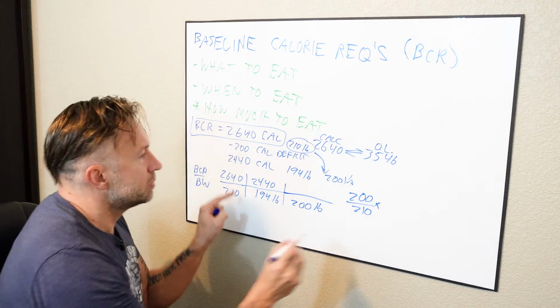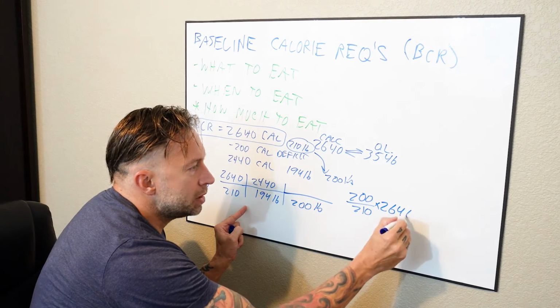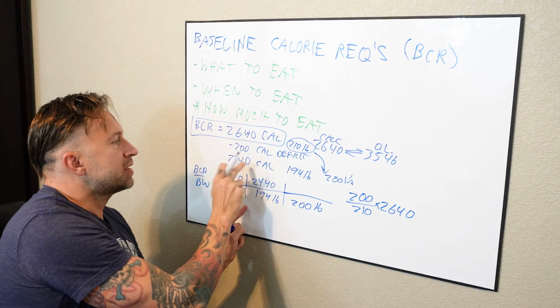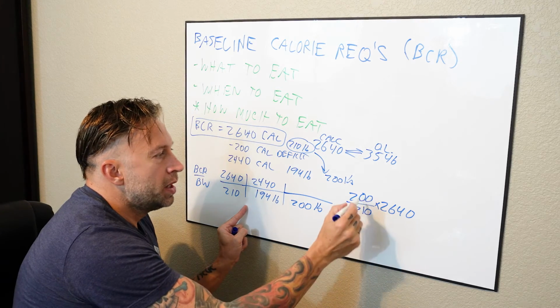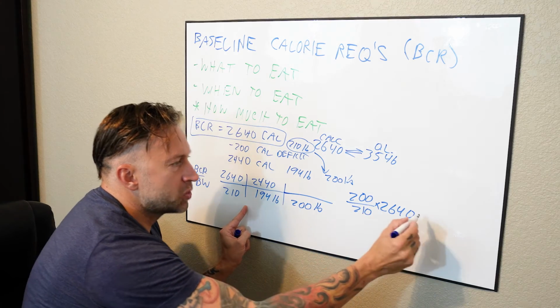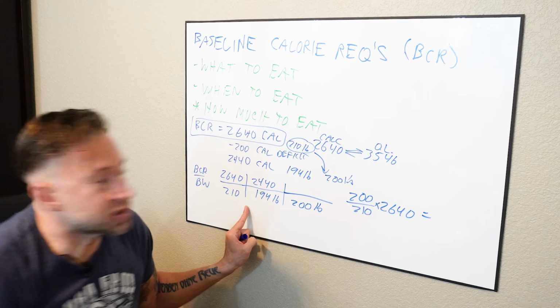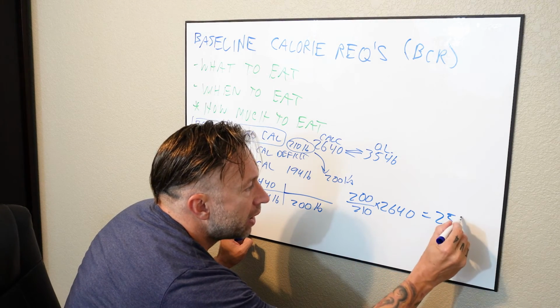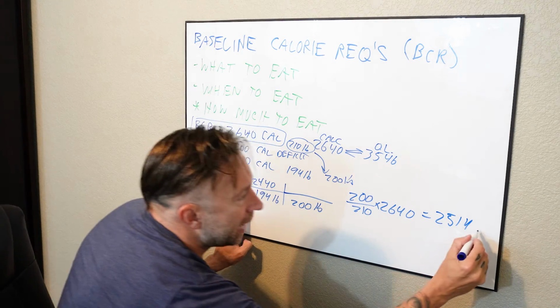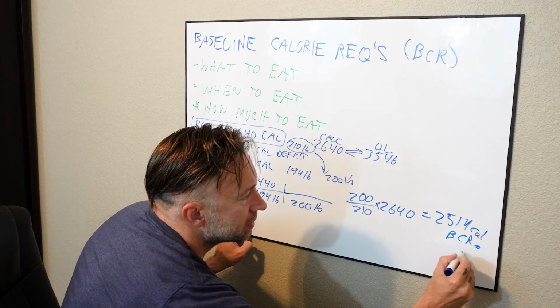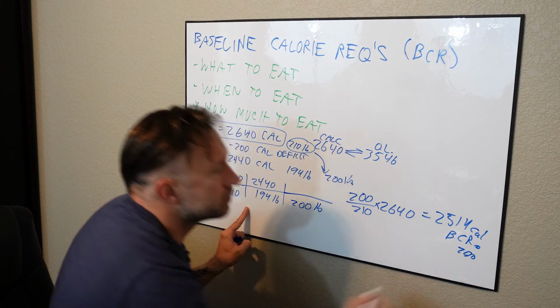And I take that times the 2640, and you want to use your BCR in this case, not the target, or it'll screw it up. So take 200 over 210 times 2640, and let Excel do the math. That equals 2514 calories for a new BCR at 200 pounds.